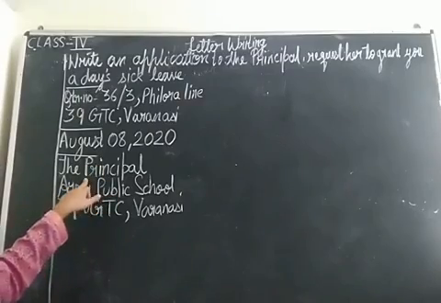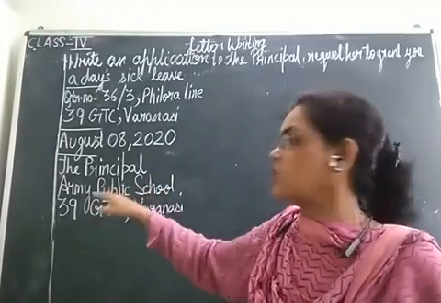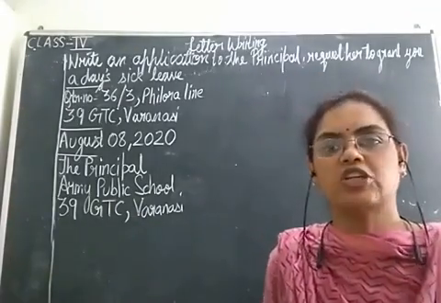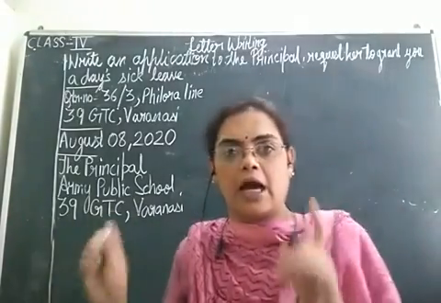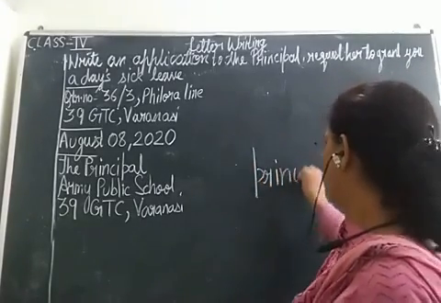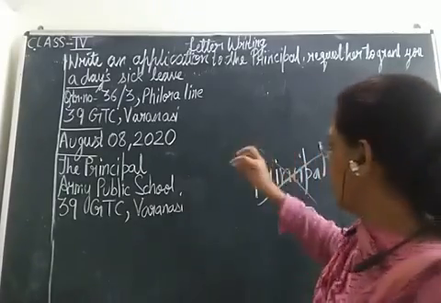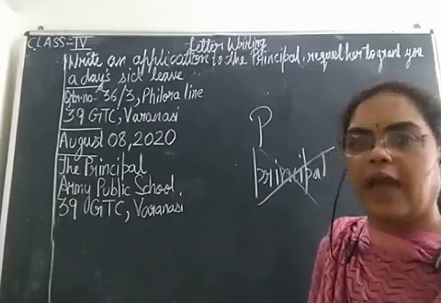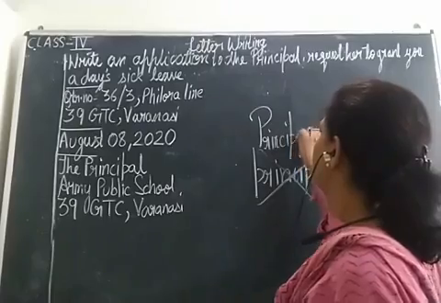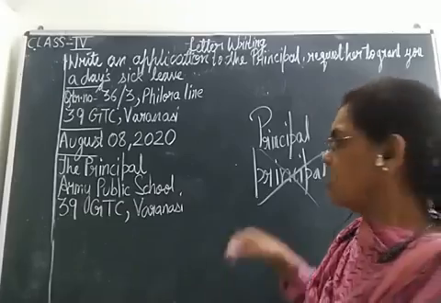First, the principal. Again, I am telling you, please check that principal's P should always be capital. This should not be wrong. I've seen children writing it with small p. Again, I am telling you, if you write like this, this is incorrect. The P of principal should always be capital. So you have to keep in mind the spelling and capital P. Both are important.